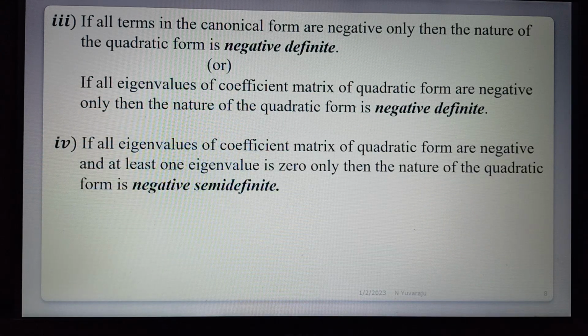Next, fourth one: if all eigenvalues of the coefficient matrix of the quadratic form are negative and at least one eigenvalue is 0, then the nature of the quadratic form is negative semi-definite. That is, all eigenvalues must be negative and at least one 0.